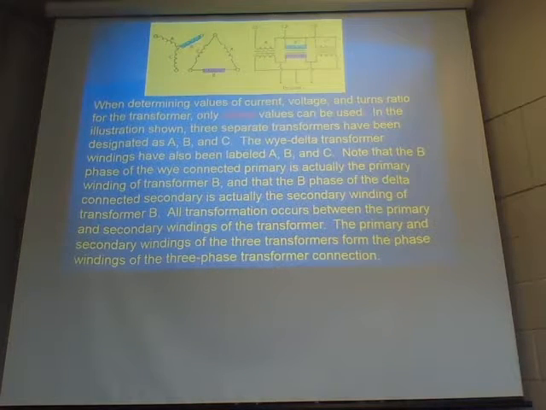The primary and secondary windings of the 3 transformers form the phase windings of the 3-phase transformer connection.